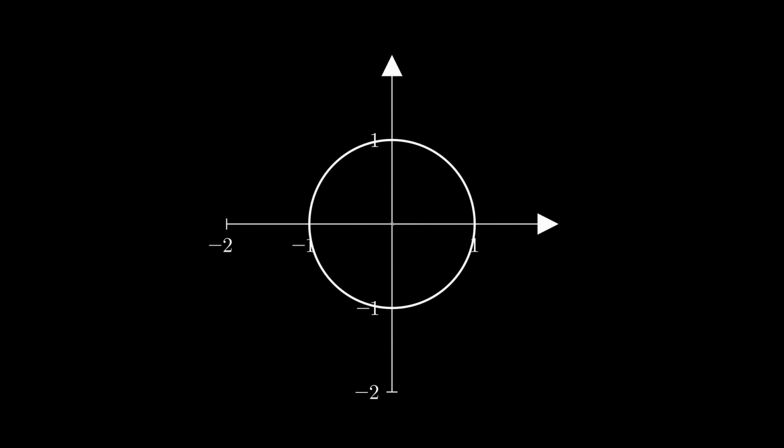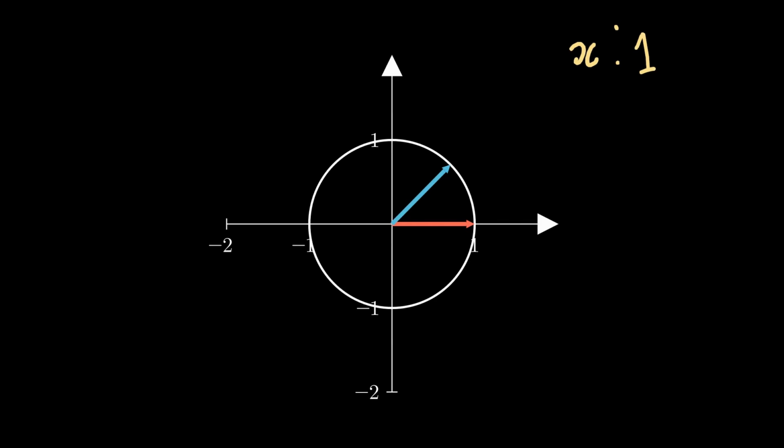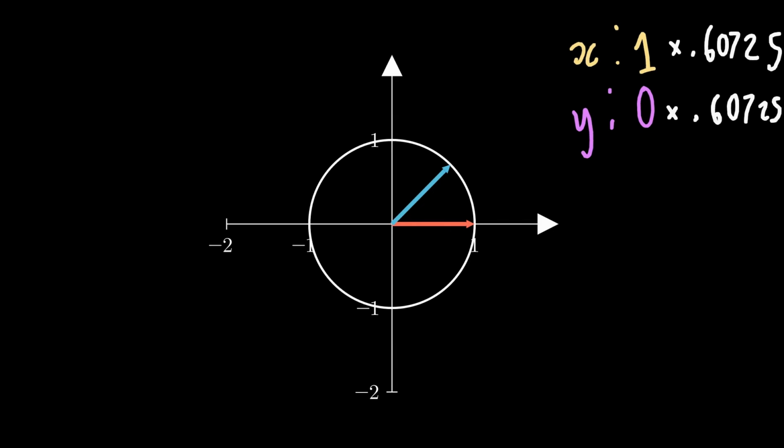If we started out on the values of cosine being 1 and sine being 0, which means that our vector here is just lying on the x-axis, x is 1 and y is 0, since cosine is 1 and sine is 0 respectively. If we multiply this constant to both values, we still get 0 for sine, and the value of x will then become that constant.